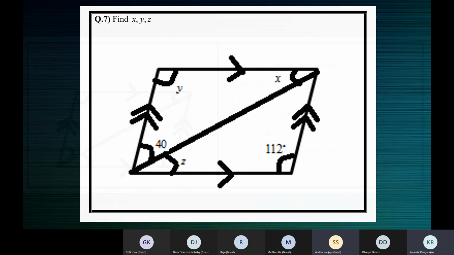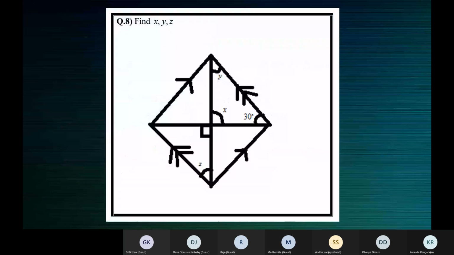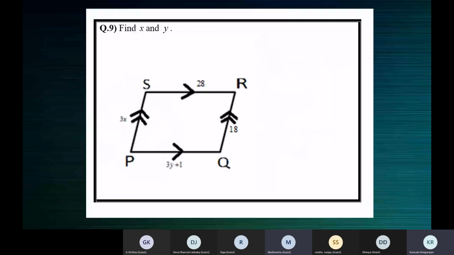Yes, ma'am. This one also. Take a picture. Yes, ma'am.